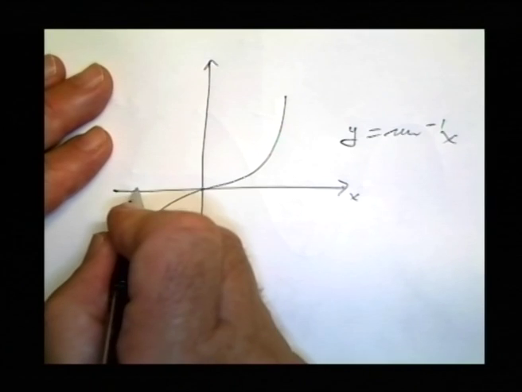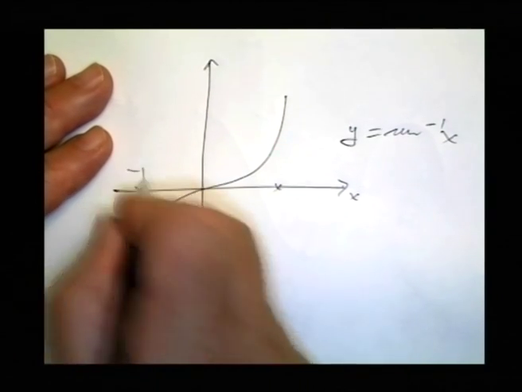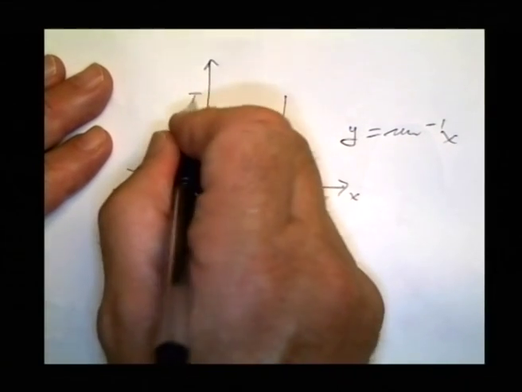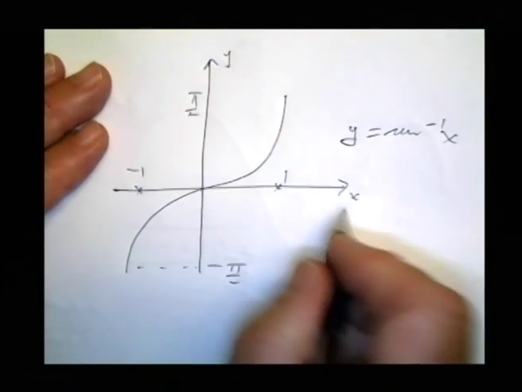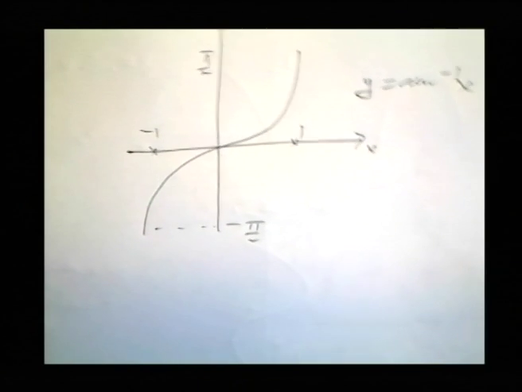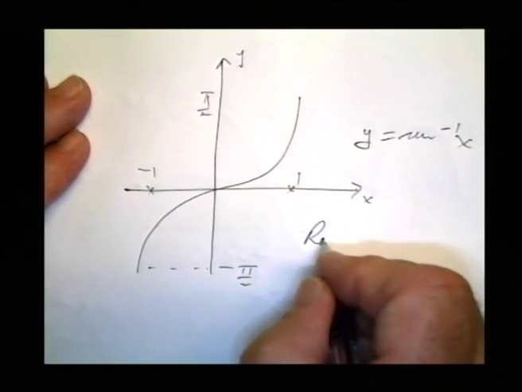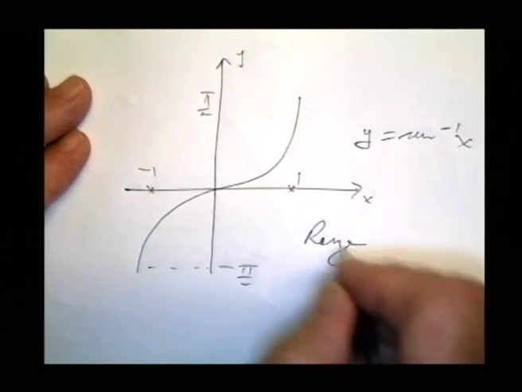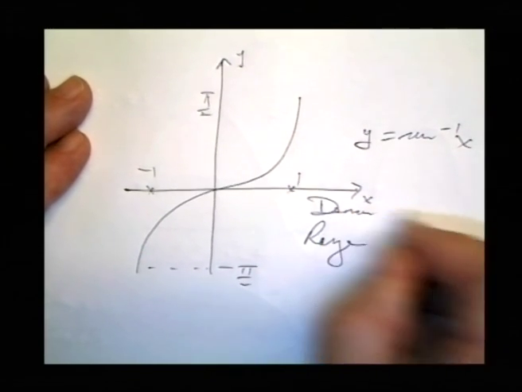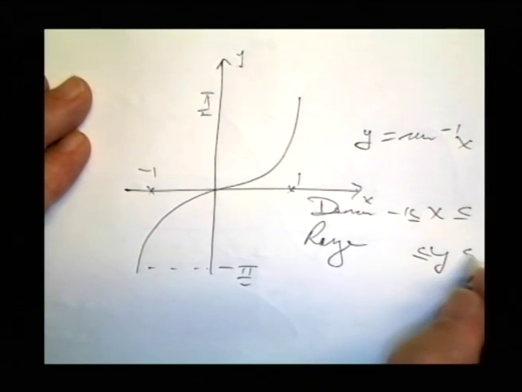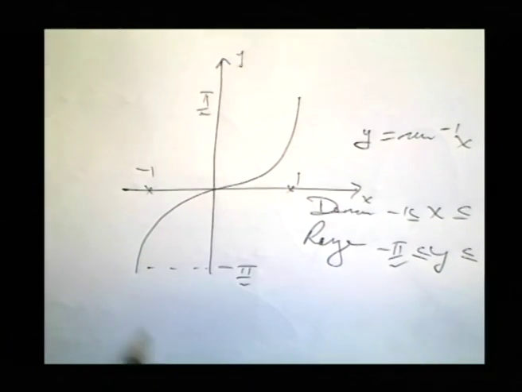Now this is between -1 and 1, and this is between minus pi over 2 and pi over 2. Always label your graph, and that's between y and x, and that's the curve there. And if you put it down here, always use the word domain first: the domain is between -1 and 1, and the range of values, as you can see from the curve, is minus pi over 2 to pi over 2. So that's the curve of the inverse.